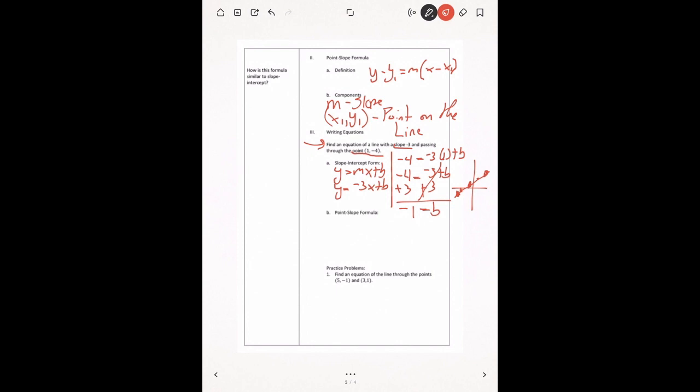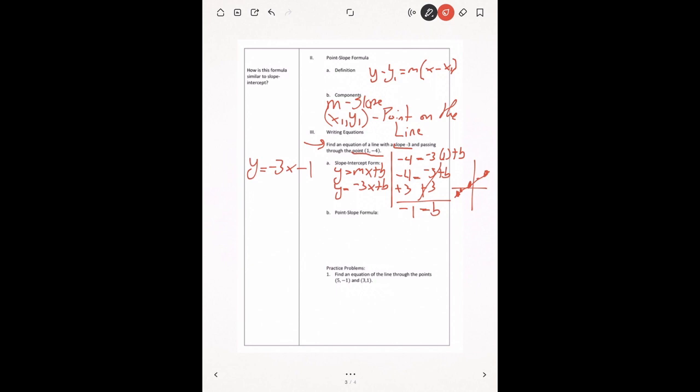So our equation should be y equals -3x minus 1. Using slope-intercept form, we were told right away what the slope was, and we just plugged in the point for x and y and solved for b. So that wasn't that bad.